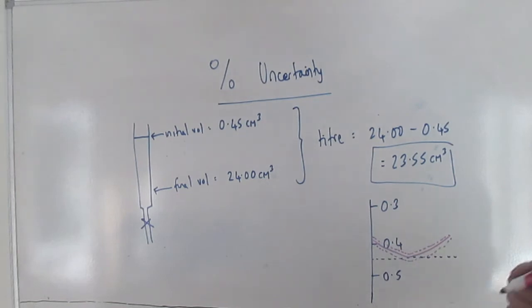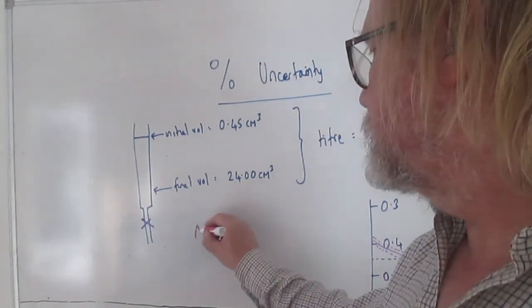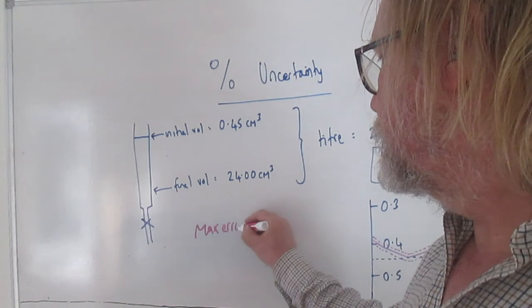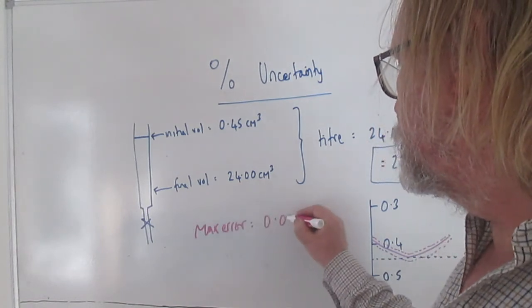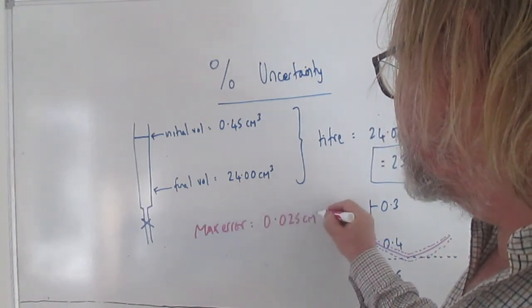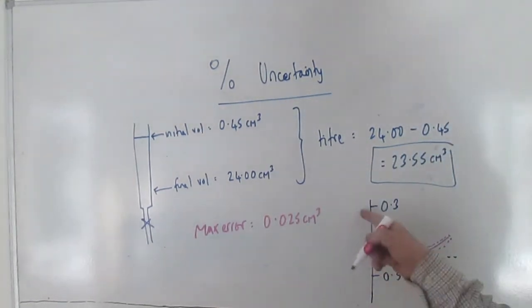So the maximum error is equal to 0.025 cm cubed in either direction on that reading.